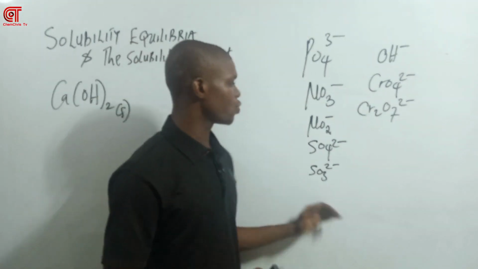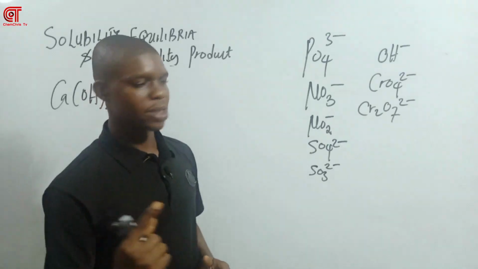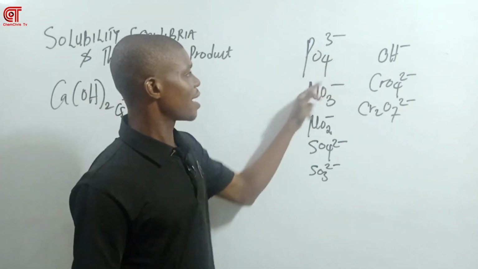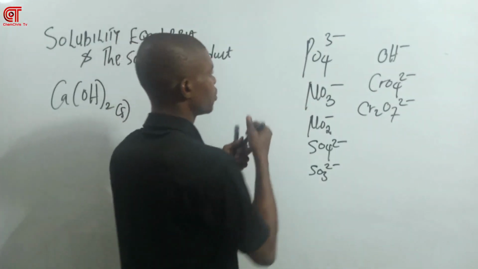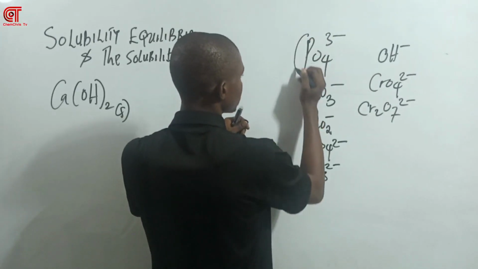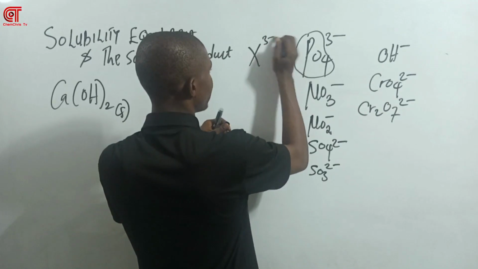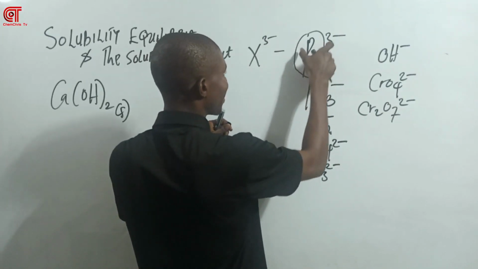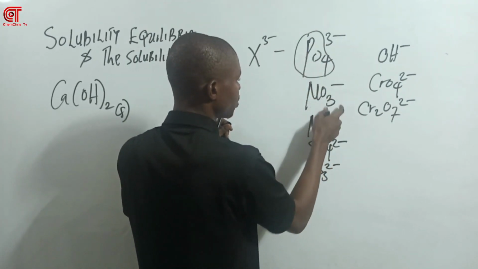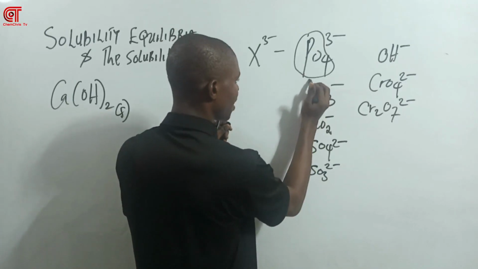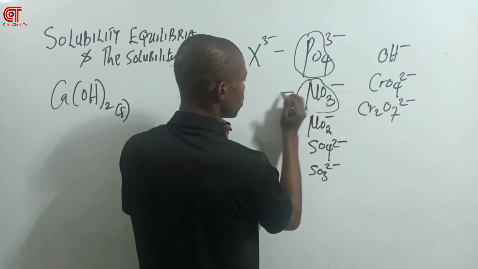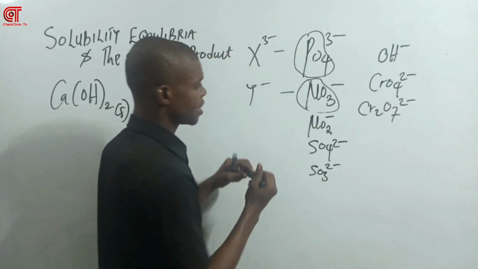They are regarded as one unit. SO4, they are regarded as one unit. Now, you can view this one as S raised to 2-. So SO4, they are regarded as one unit. NO3, they are regarded as one unit. This one can be regarded as 1-. Do you get that?